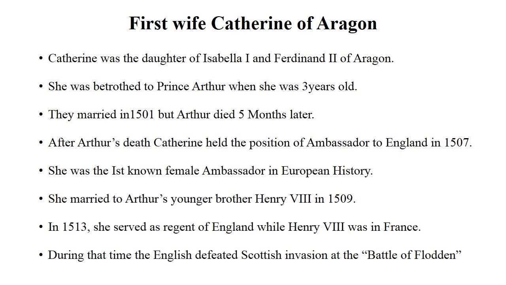So on the next slide we are going to talk about Henry VIII, who is the second son of Henry VII. He was only 17 years of age when he became king in 1509. He was 6 feet 2 inches tall with pale skin.